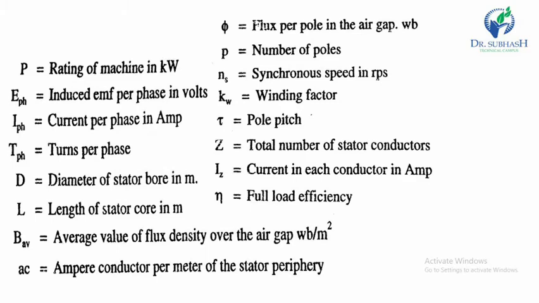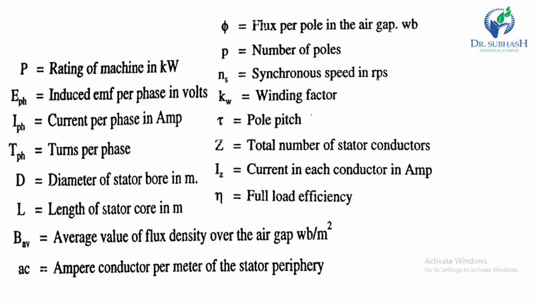ac, which is ampere conductors per meter of stator periphery. So Bav and ac, we know that Bav is the specific magnetic loading and ac is the specific electrical loading. Phi, which is flux per pole in the air gap, and the unit of phi is Weber. P, which is number of poles.